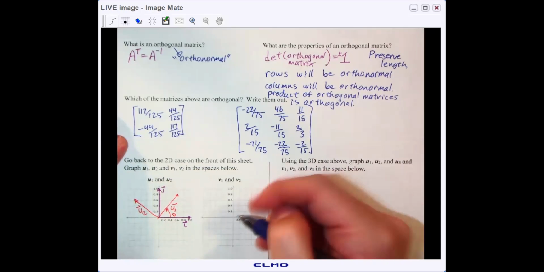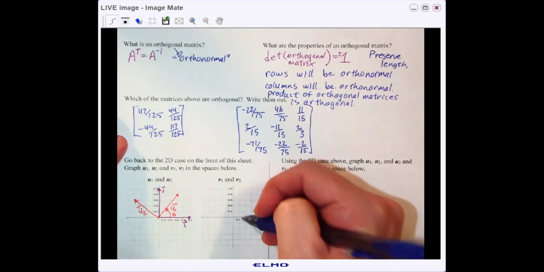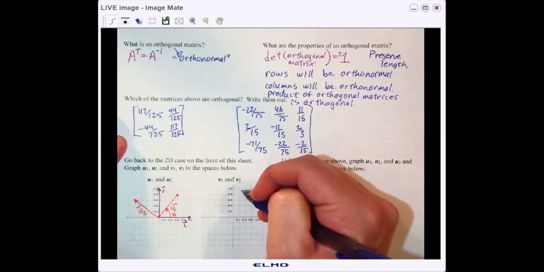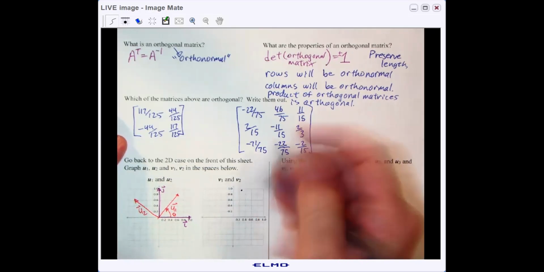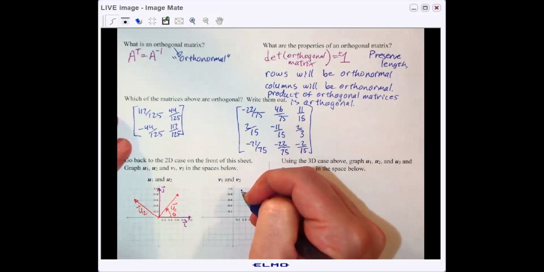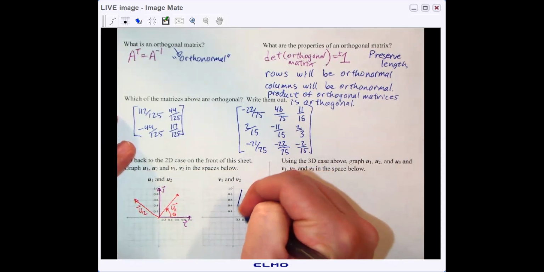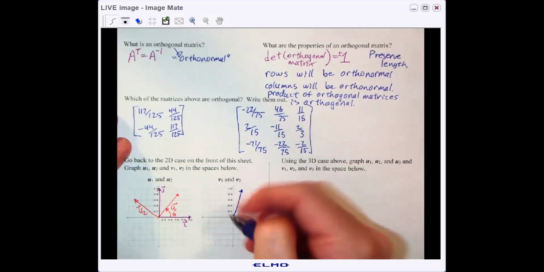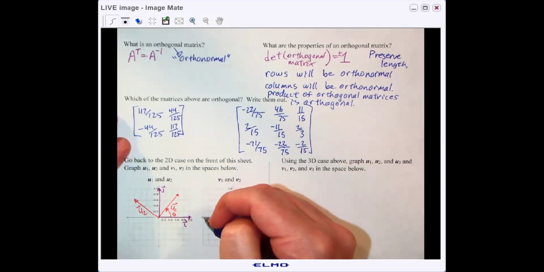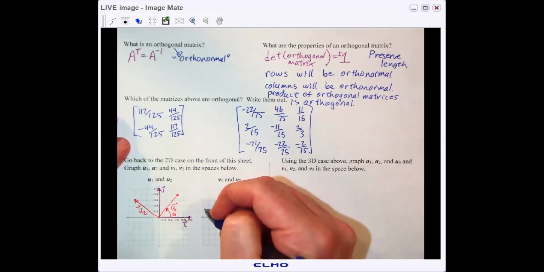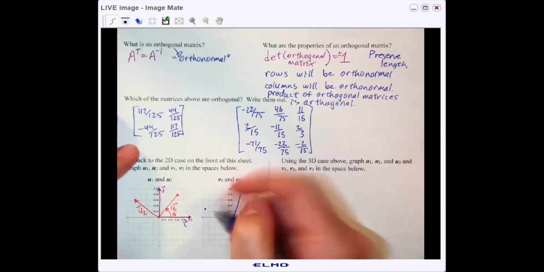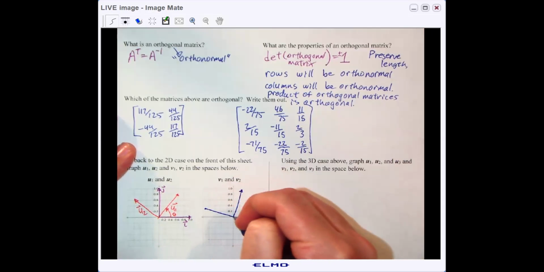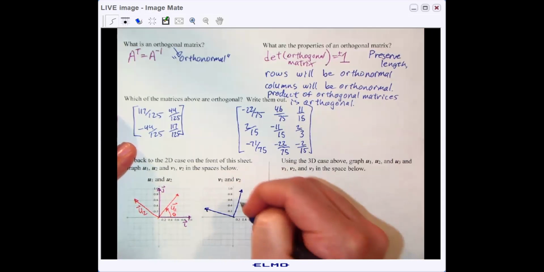Cool. All right, well, what about V1 and V2? V1 was 0.28, 0.96, which would look about here. So here's V1. And V2 was negative 0.96 and positive 0.28, which would put us about here. So there's V2.